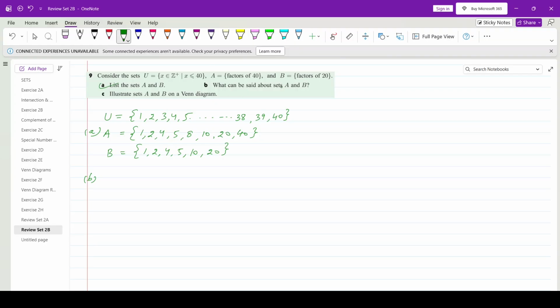What can be said about sets A and B? We can see that all the elements of B are present in A. Therefore, we can say B is a subset of A, or rather, B is a proper subset of A.